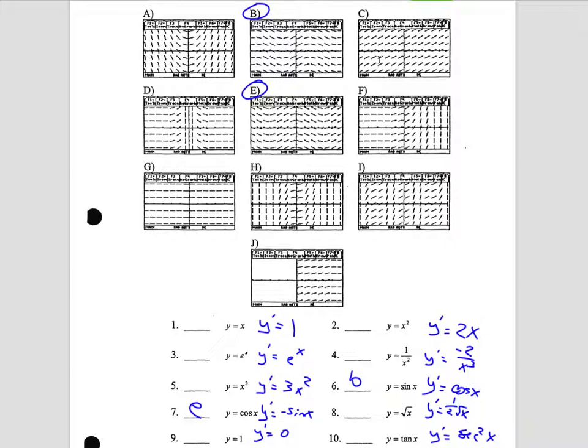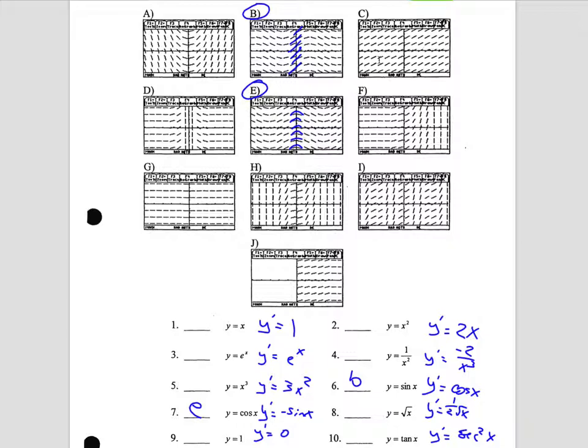Right. If you look at all these, I'm dealing with a maximum where I'm crossing the y-axis. On the other one, I'm just dealing with diagonals as I'm crossing the y-axis. And sine is the one that's just going to cross, and cosine is the one that's going to have a max or a min. And remember, when I'm looking at a slope field, what is it going to resemble?